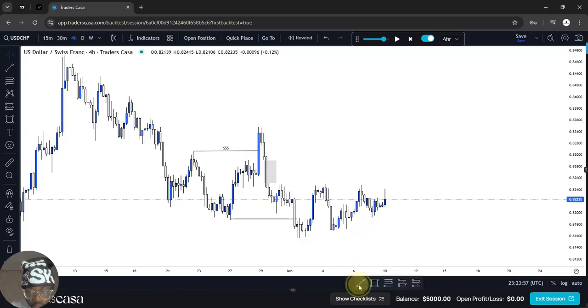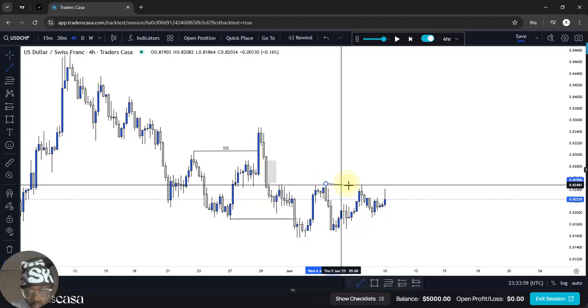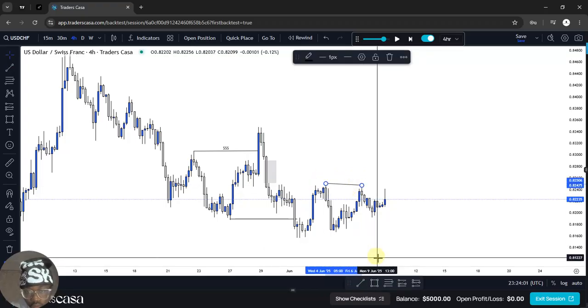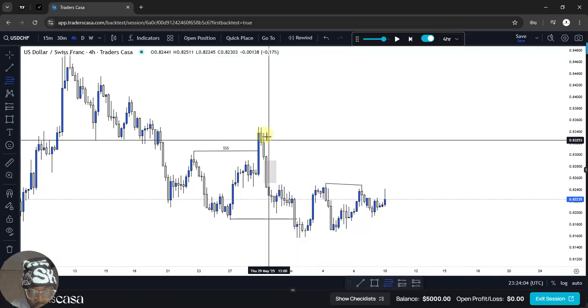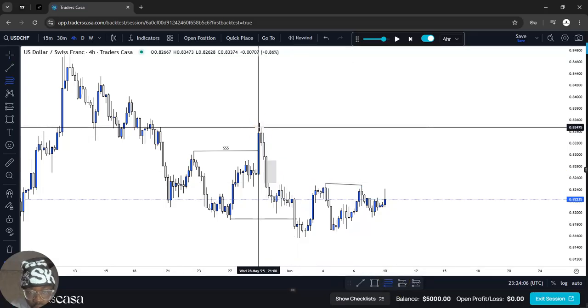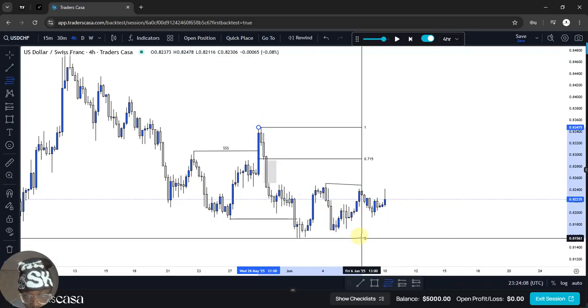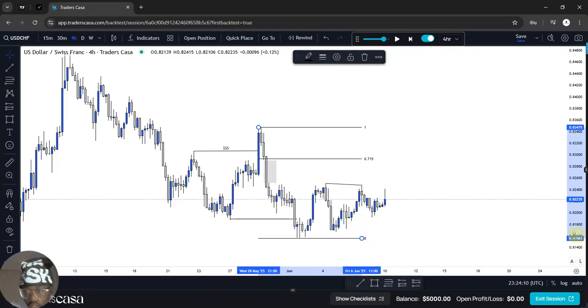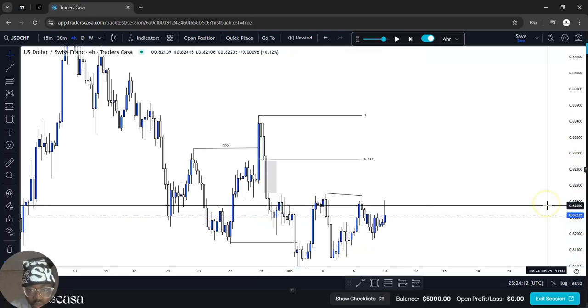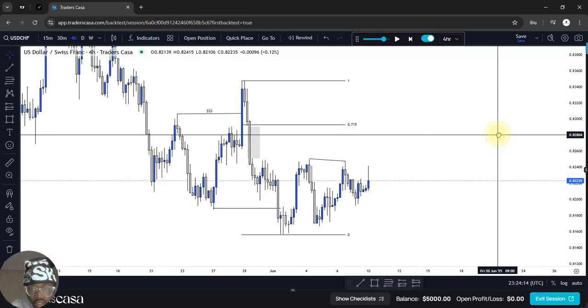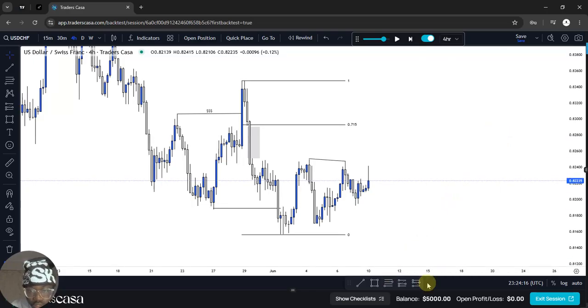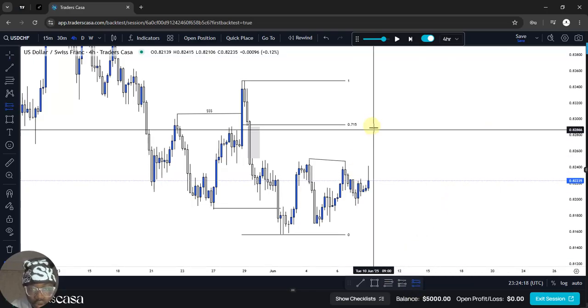We have equal highs, by the way, so I can safely say if we're looking for a sell setup here, it will be valid because those equal highs are generating liquidity right there. So we do have a setup waiting, and we're just going to place our sell order here.